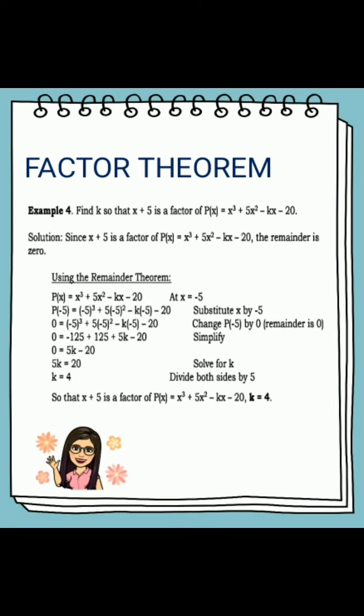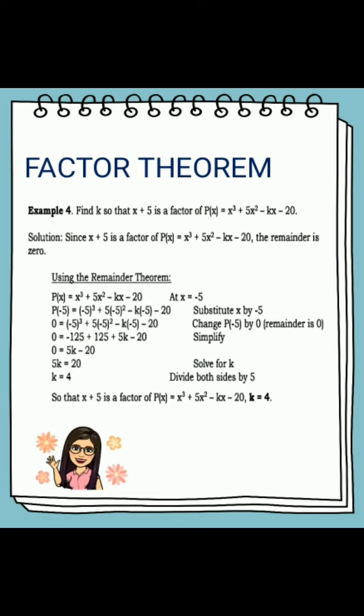Example number 4. Find k so that x plus 5 is a factor of p of x is equal to x raised to 3 plus 5x squared minus kx minus 20. Dito hanapin natin yung value ng k. Again, using the remainder theorem, yung positive 5 magiging negative 5.